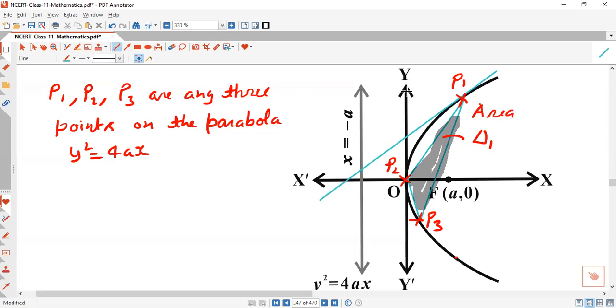I draw the tangents, and these tangents intersect each other at 3 points.